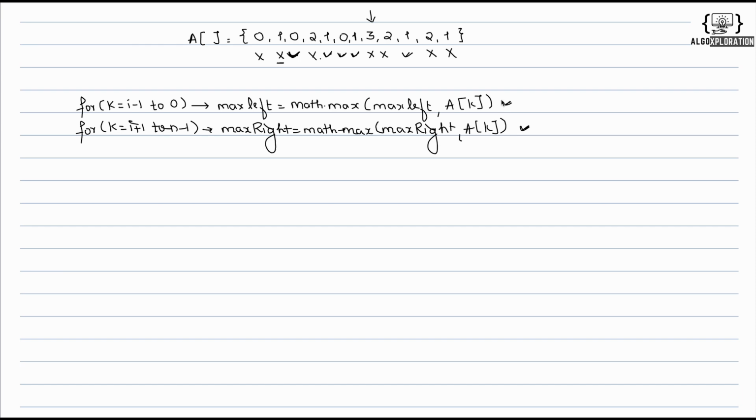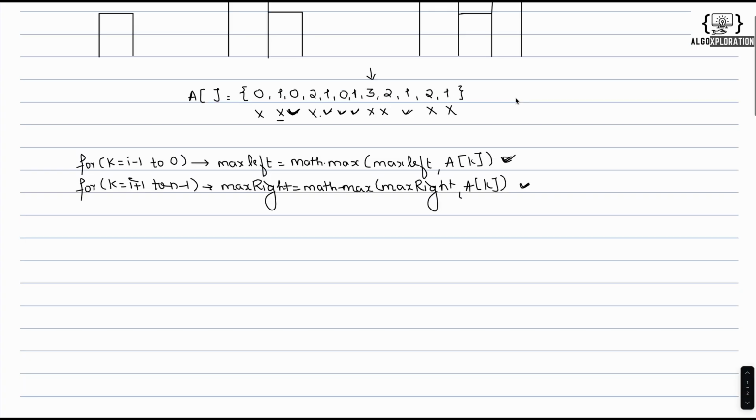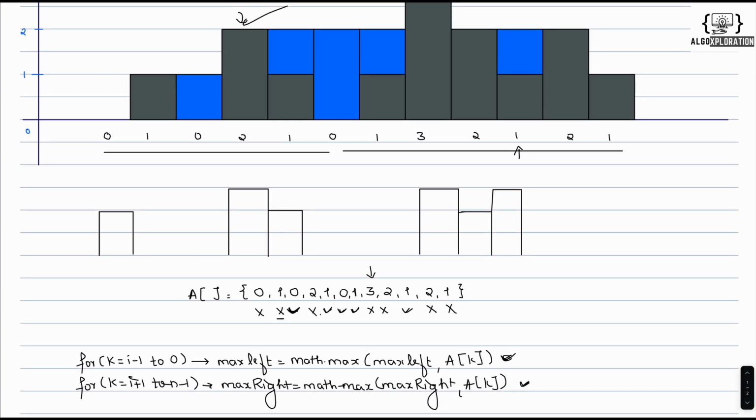Using these two for loops, we are able to find for every ith building the maxLeft as well as maxRight. Since we are finding for every ith building, for this building we will get maxLeft as well as maxRight. For this building also maxLeft as well as maxRight.